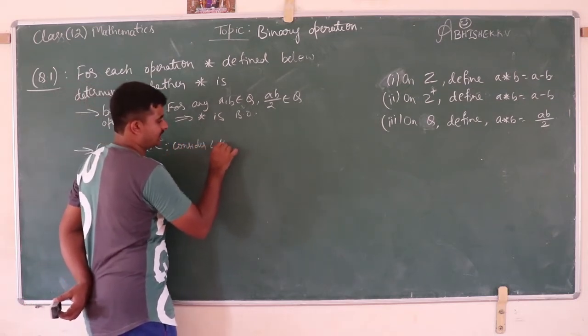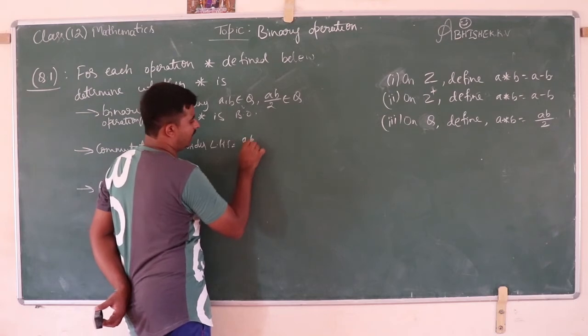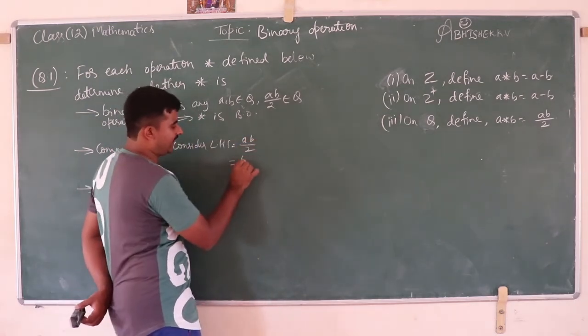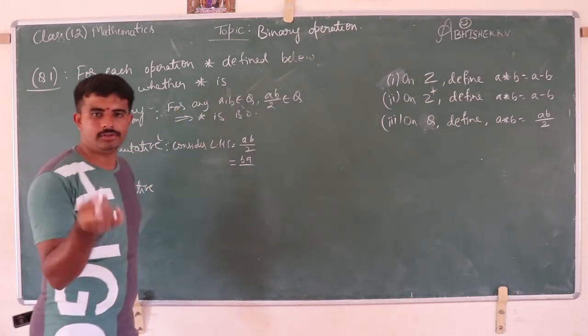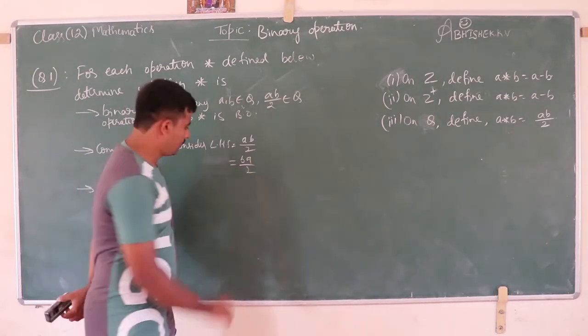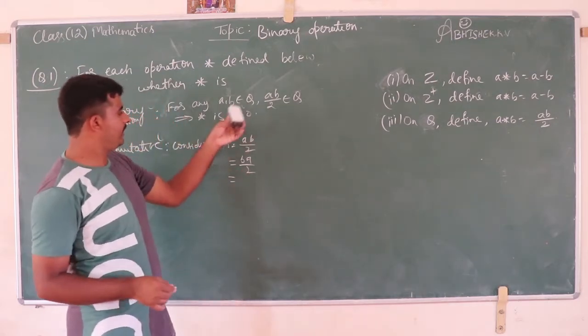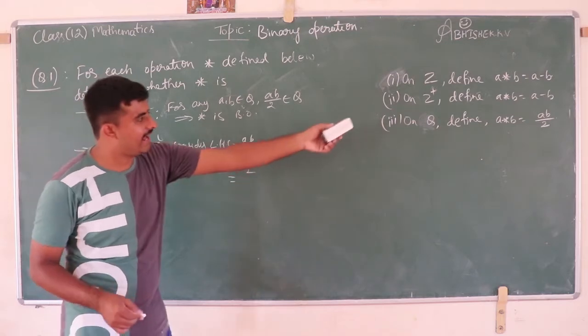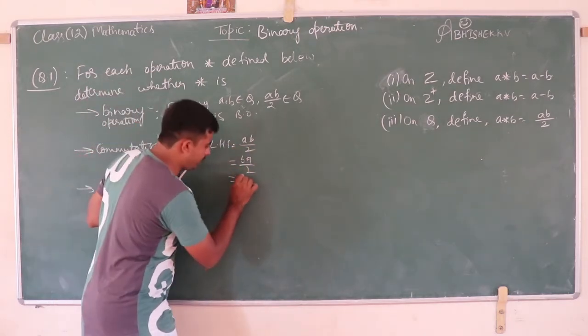Consider LHS. This is equal to AB by 2. This implies AB can be written as BA, like 1 into 2, 2 into 1. No problem. BA by 2. A star B is equal to AB by 2. What is B star A? B star A is equal to BA by 2.